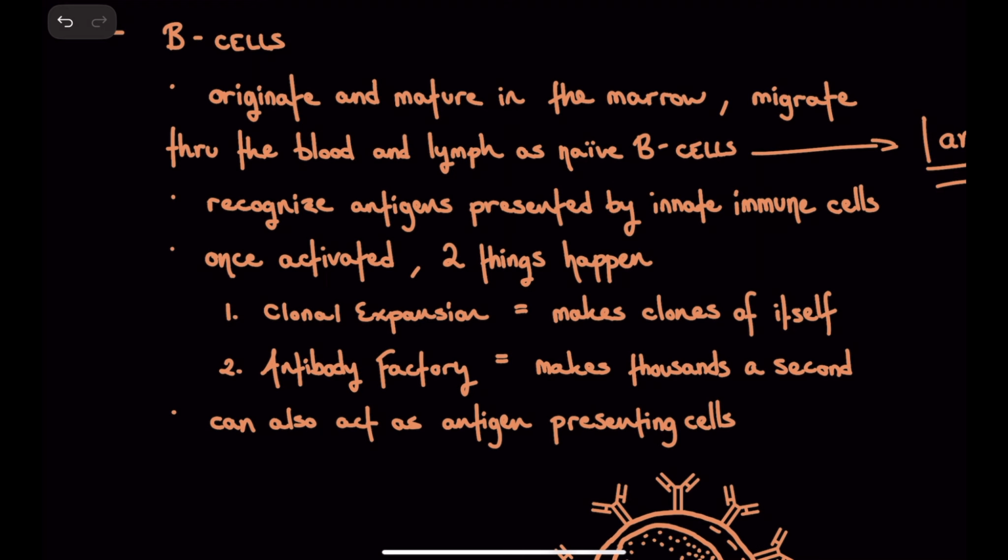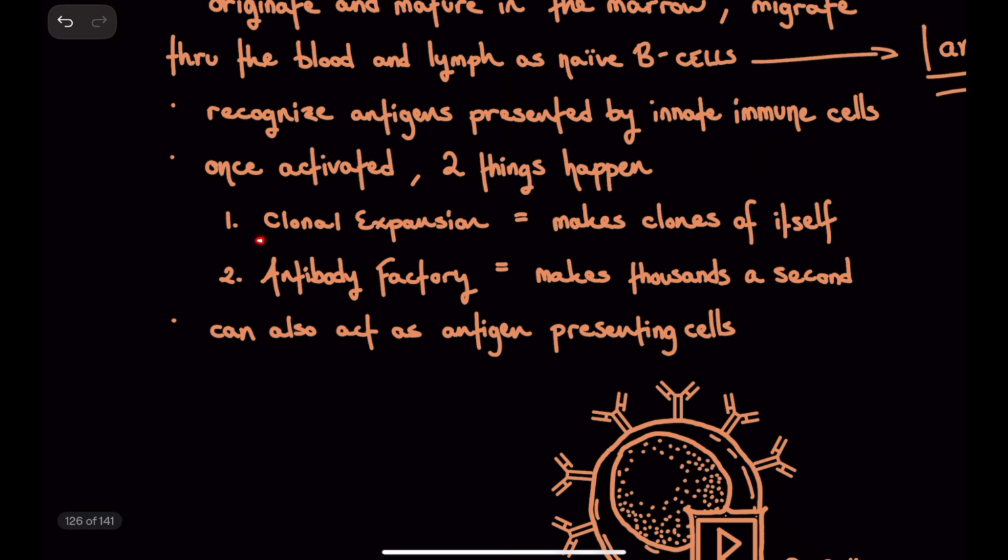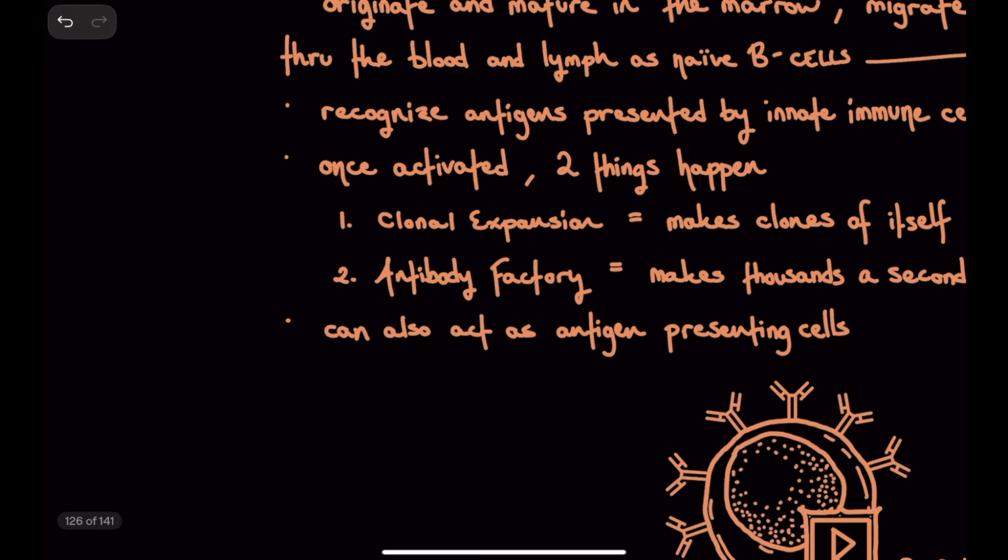Once a B cell is activated, two things happen. Clonal expansion. That's exactly what it sounds like. I make an expanse of clones. I just clone the absolute heck out of this cell. Let's think about it.